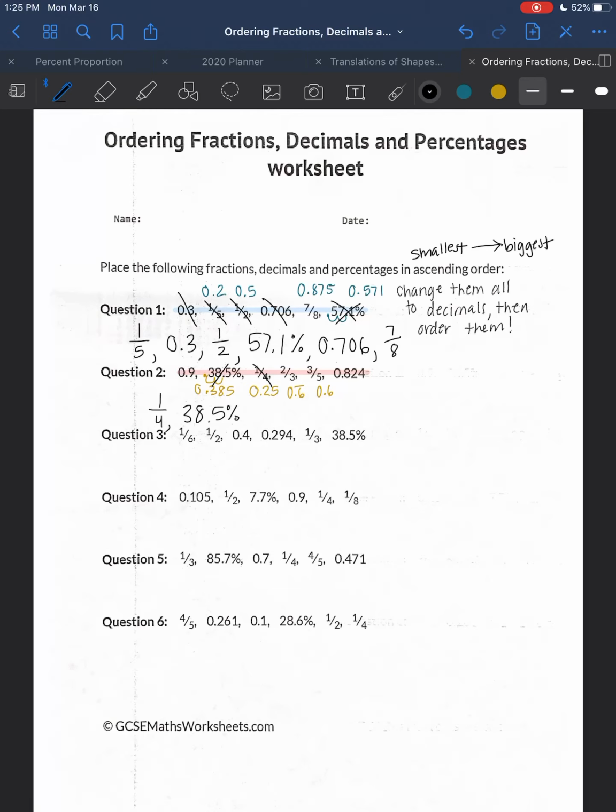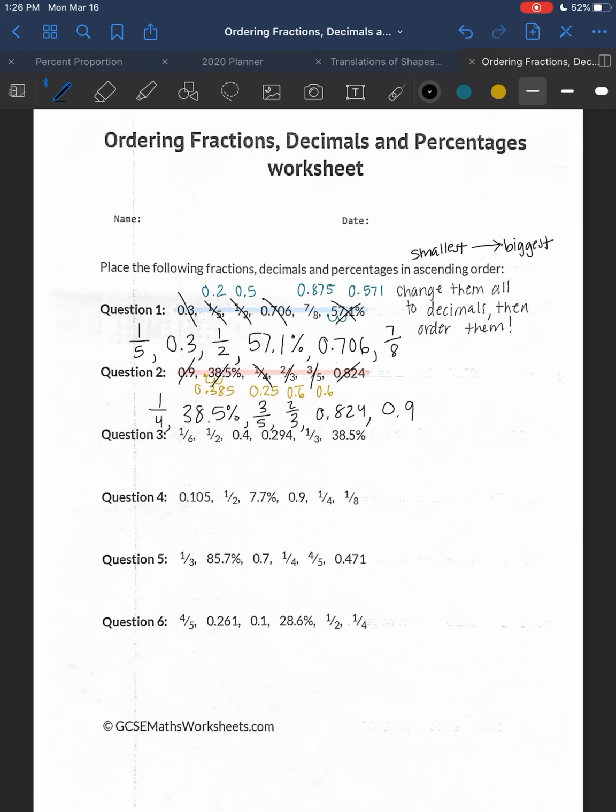The next biggest thing is our 0.6, which is our 3/5. Then would be our 2/3. Then my 0.824. Then my 0.9.